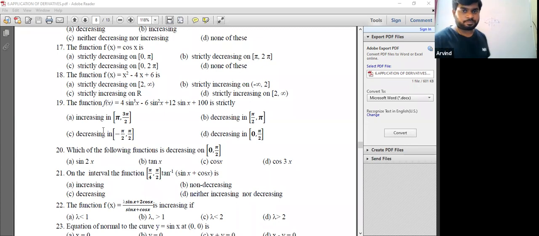Differentiate it. f of x equals 4 sin cube x minus 6 sin square x plus 12 sin x.